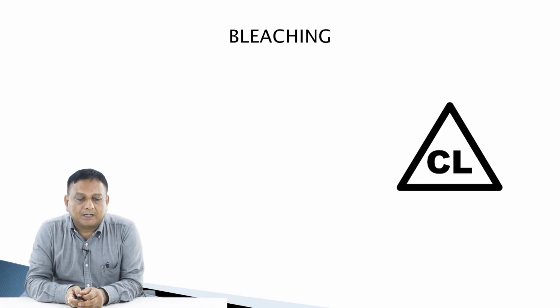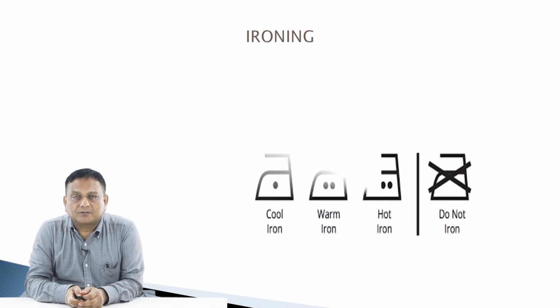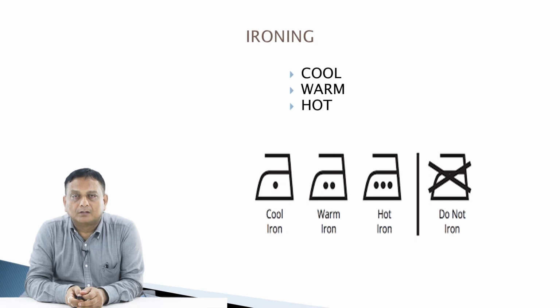Bleaching is normally carried out, chlorine bleach and non-chlorine bleach, both are used. So this bleaching operation is also carried out. Ironing, as we have already mentioned, cool iron, warm iron and hot iron, do not iron, those possibilities are there in the industry, and it all depends upon the fabric type.